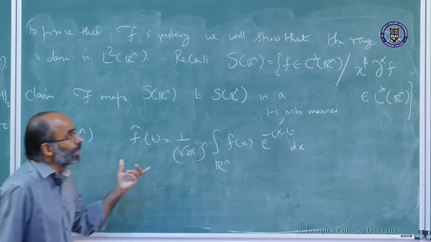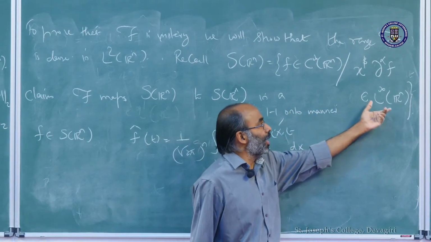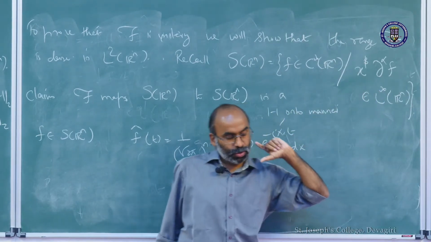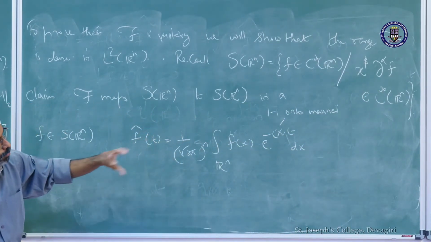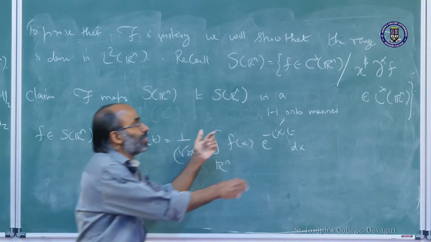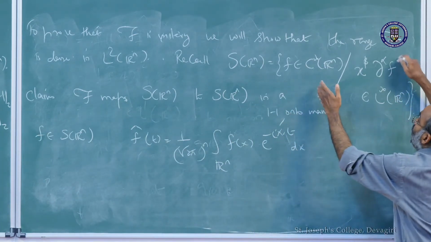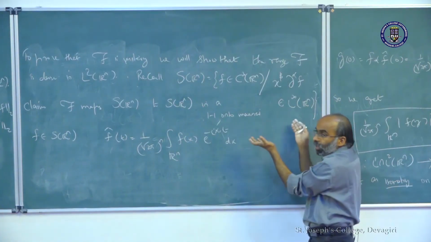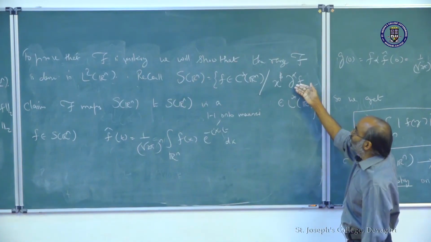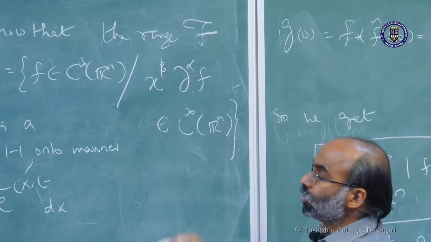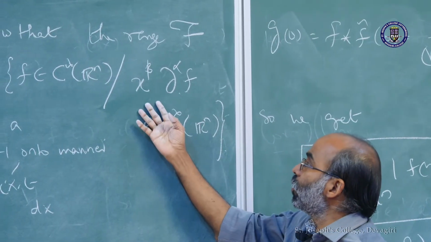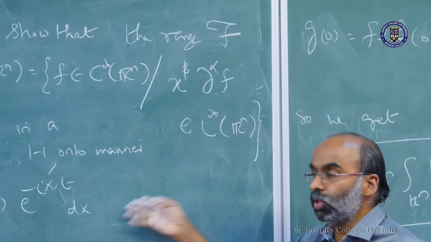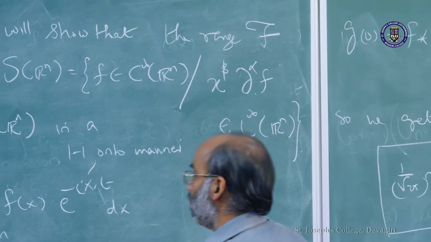The Schwarz space has the property that it has both smoothness and decay. Remember, the Fourier transform intertwines smoothness and decay, but this is a class which has both. So, any function here you take and take the Fourier transform should have both properties, because smoothness goes to decay and decay goes to smoothness. So, its Fourier transform should have both properties, that is why it goes to the Schwarz space itself. Let us see why by looking at this.